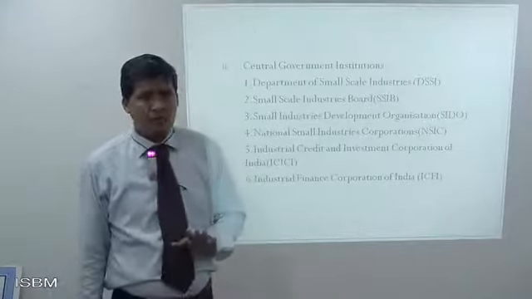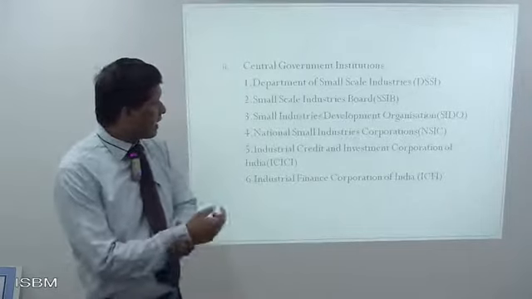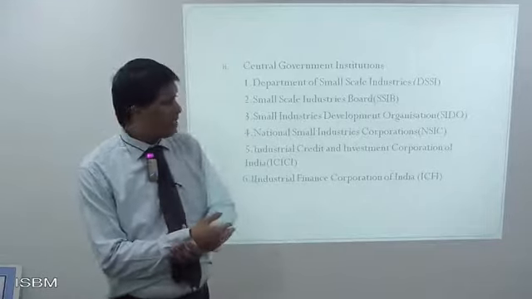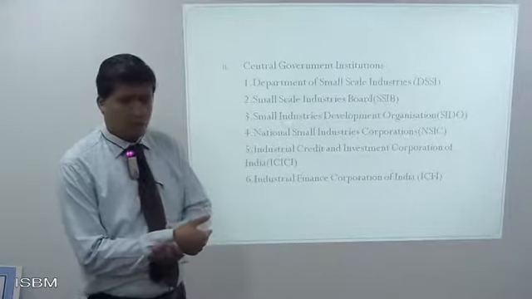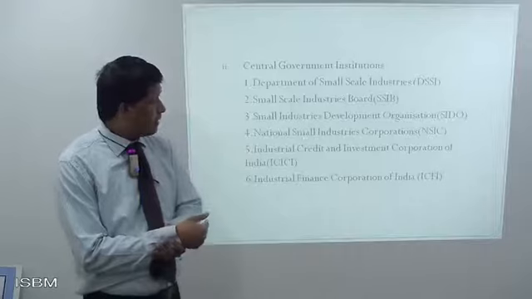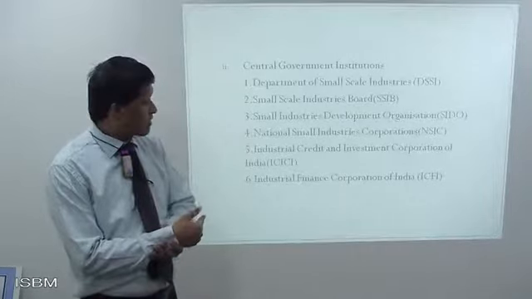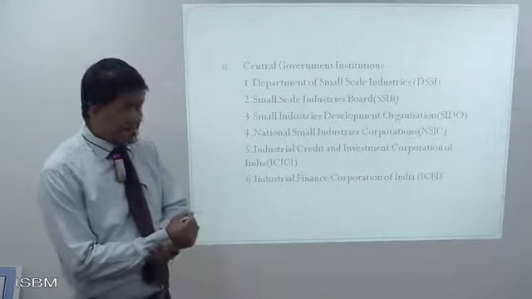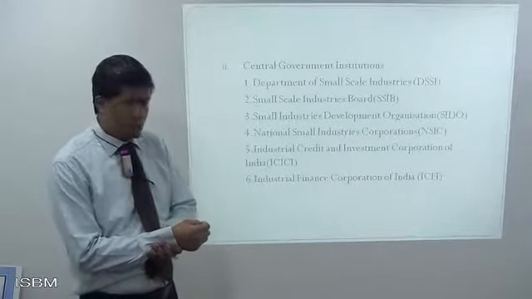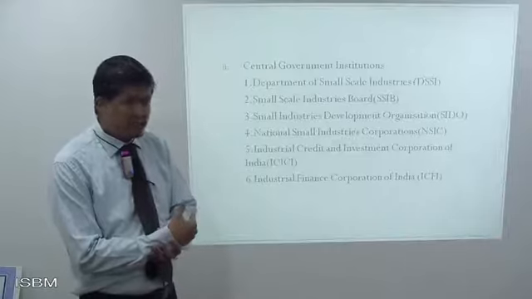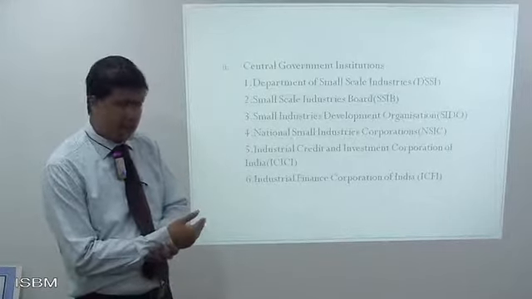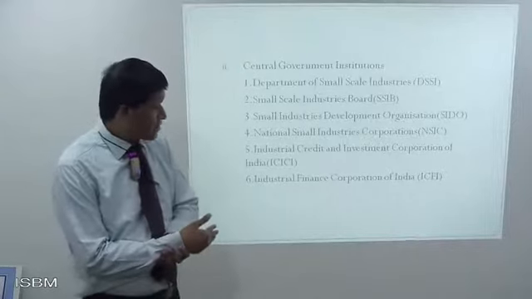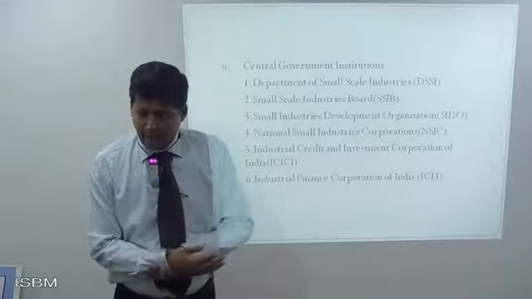Central government institutes that exist are the Department of Small Scale Industries, DSSI, Small Scale Industries Board, SSIB, SIDO, which is the Small Industries Development Organization, National Small Industries Corporation, Industrial Credit and Investment Corporation of India, ICICI as it's more commonly called, and Industrial Finance Corporation of India, IFCI.